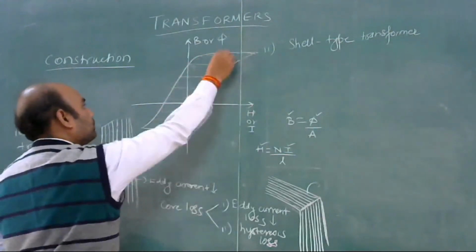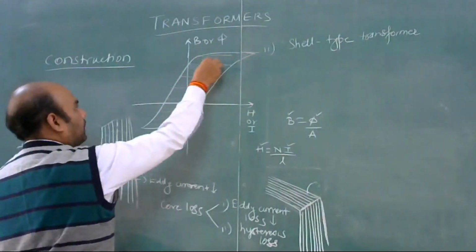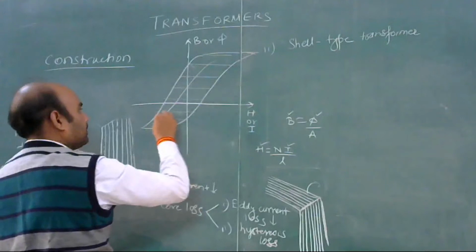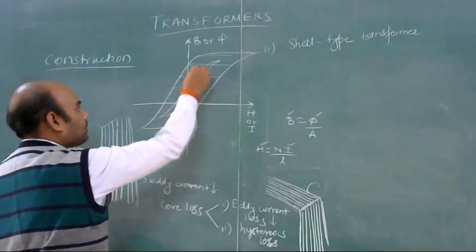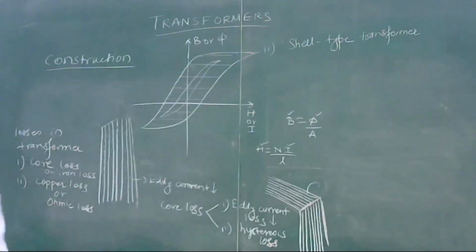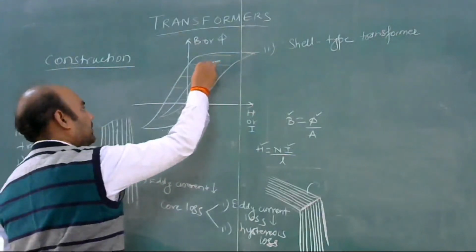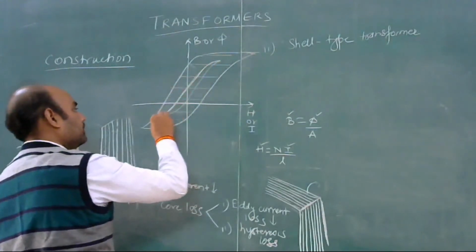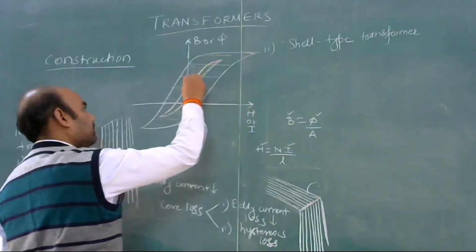So the material which gives less loss, like this: if a material's hysteresis loop is like this, the area of this loop is very small. So we require a material which has the least hysteresis loop, and we have to prefer that material.